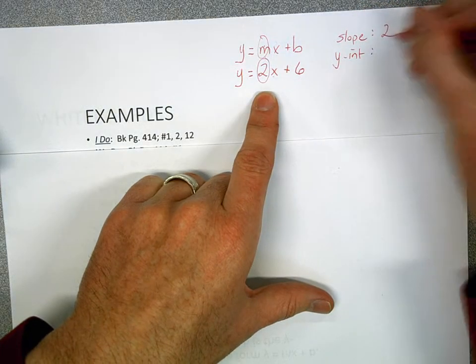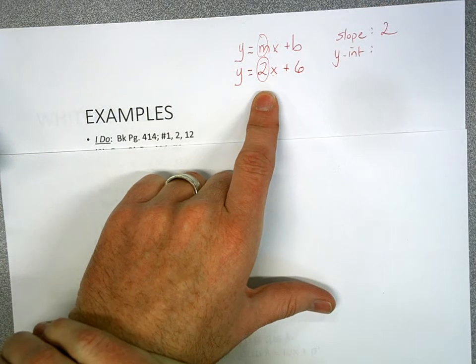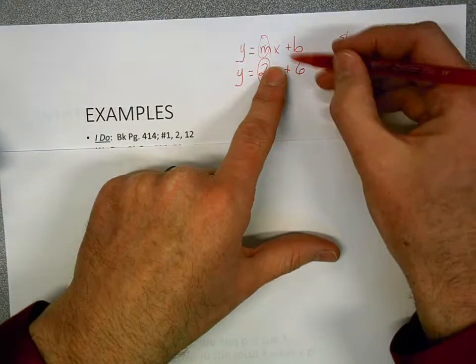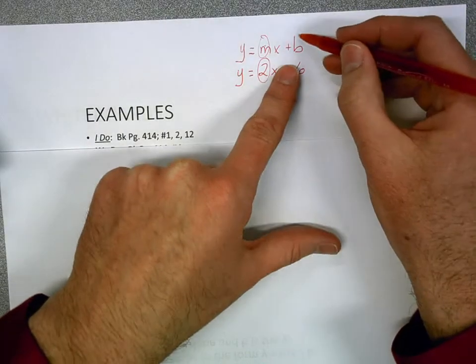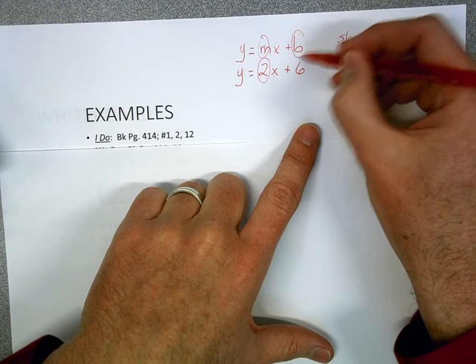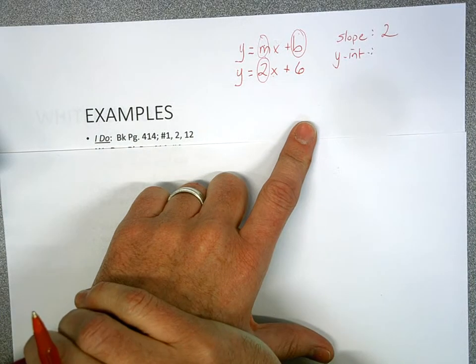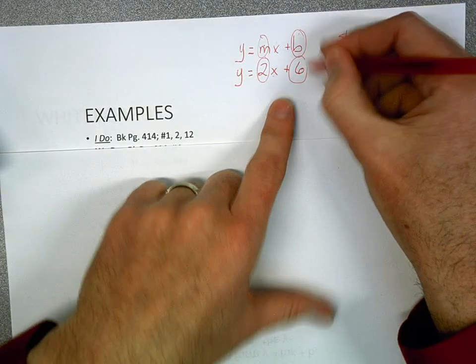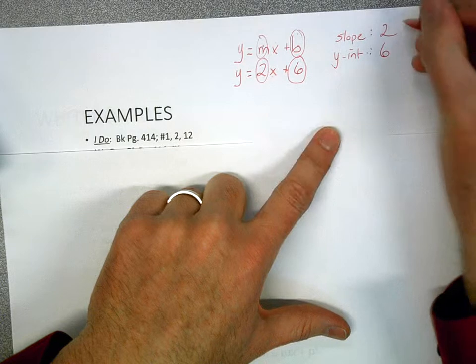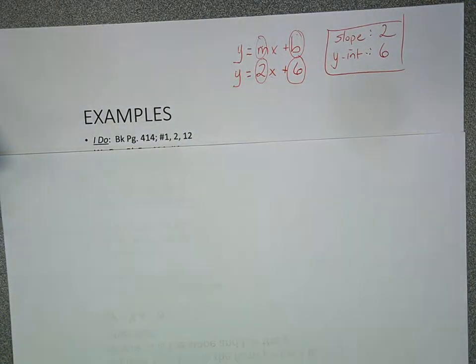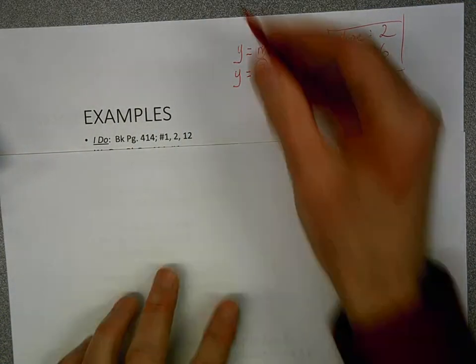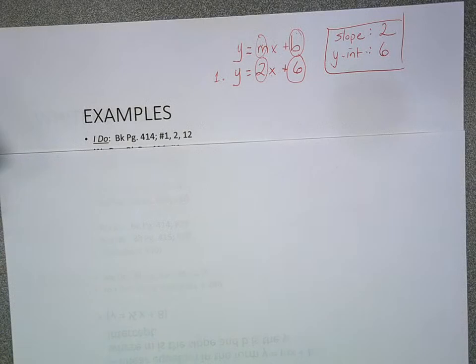Our slope, ladies and gentlemen, is 2. What's the y-intercept? Well, the y-intercept, according to our directions, our vocab, is the b. So if I look here, our y-intercept is 6. That's problem number 1. And that's all they're going to be asking you for.